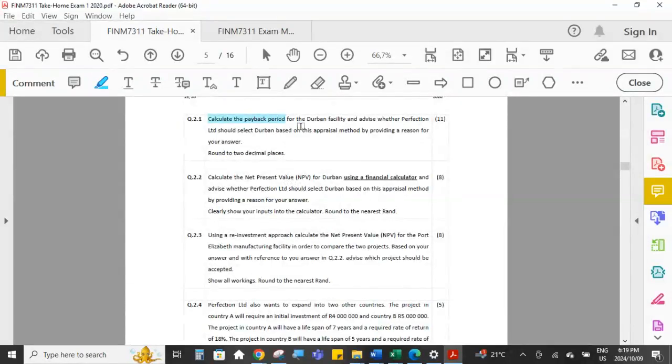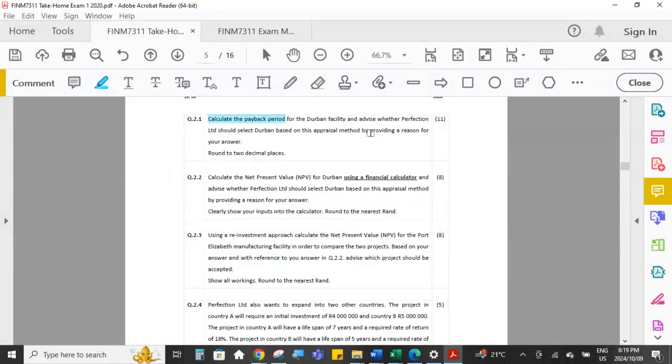Then we must advise whether the company should select Durban to carry on with this particular project based on the payback appraisal method, and also provide a reason for saying they should or should not go ahead. So for 11 marks, you need to do the calculation and make a decision whether they should accept the project or not.